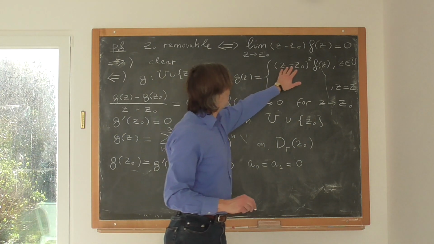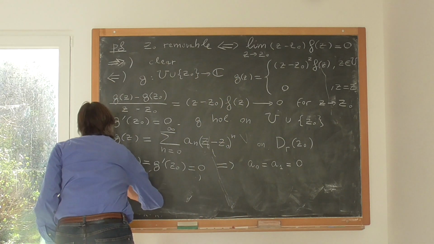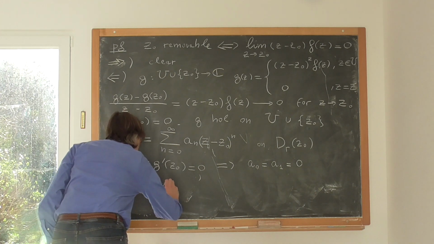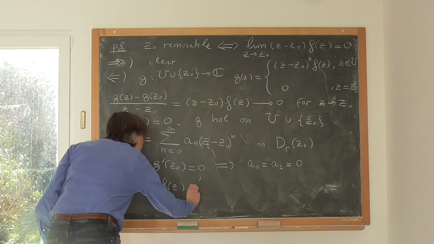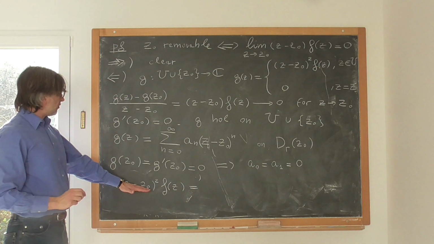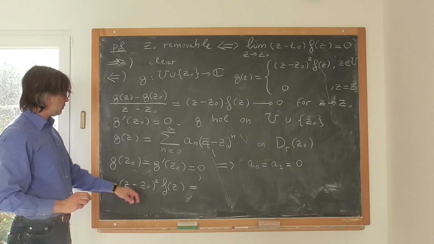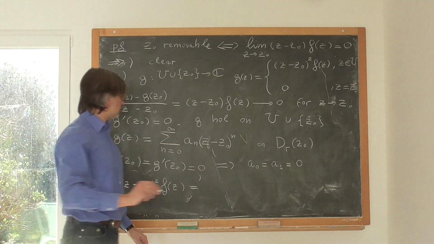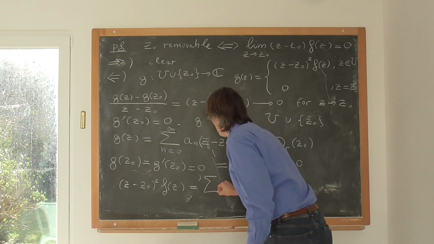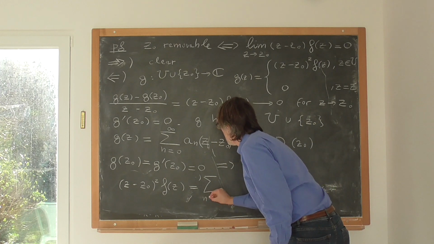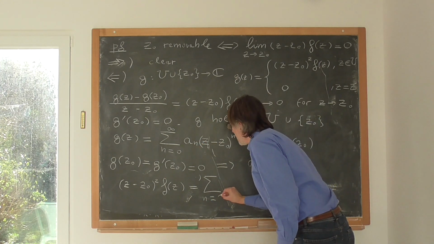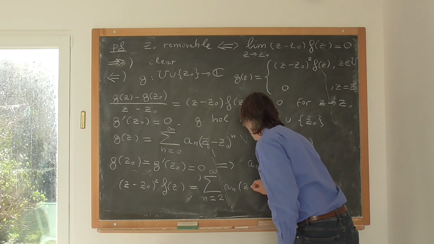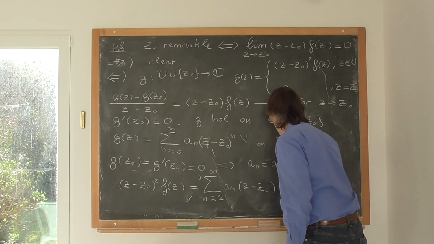Okay, and then we can write z minus z0 squared times f of z. So this is our function g for z different from z naught. So it has this power series expansion, a sum which we found out actually starts with n equal 2 to infinity, a_n times z minus z naught to the power n.